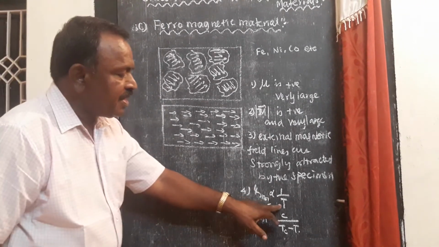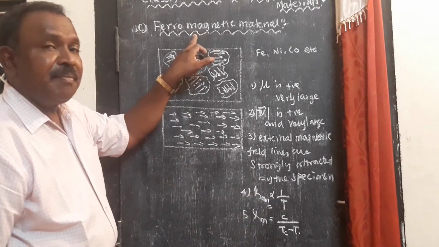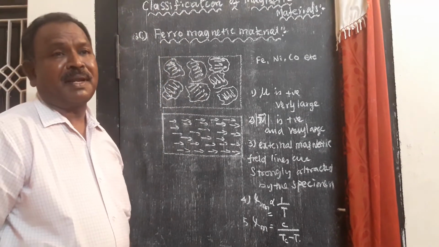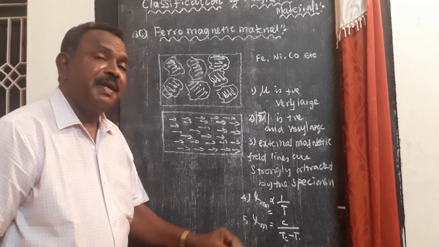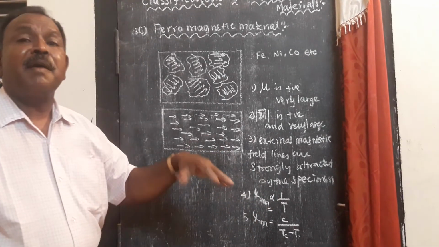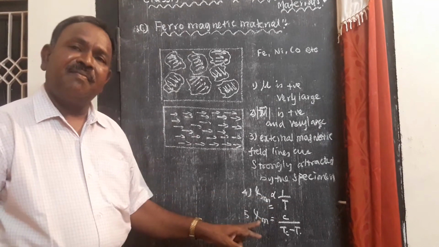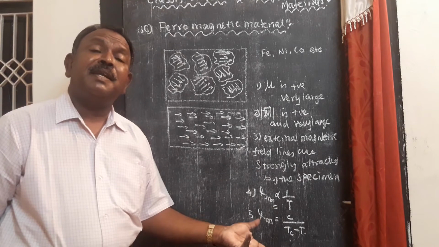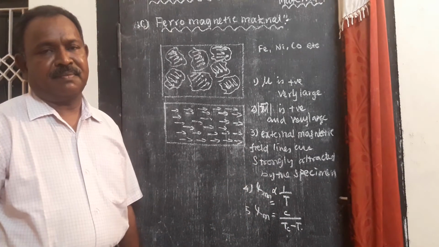At a particular temperature, the susceptibility of ferromagnetic material decreases to that of paramagnetic material. At that temperature, the ferromagnetic material will behave as a paramagnetic material. This temperature is called the Curie temperature.